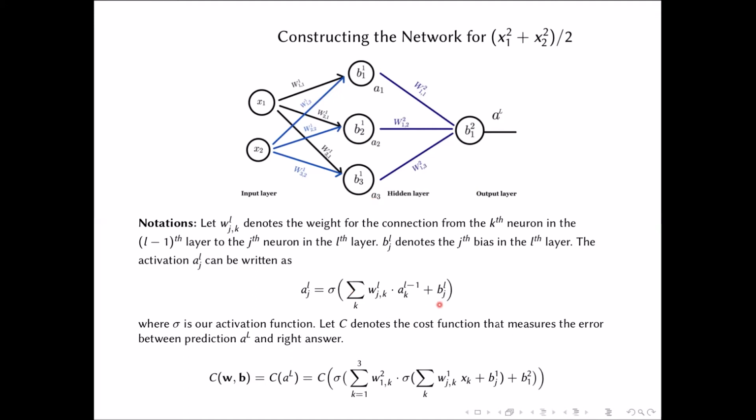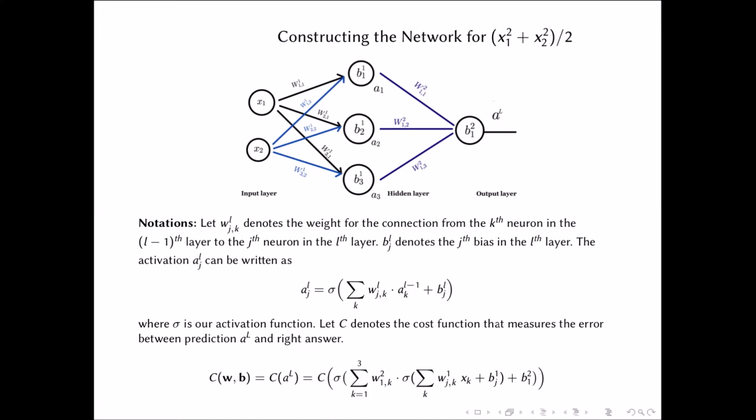We can consider this network as approximating a simple 2-variable function, which is (x1 squared plus x2 squared) over 2. So let's see, this C here denotes the cost function that measures the error between this prediction here, a^L, and the correct answer. So for this machine to approximate the 2-variable function, we need it to find good weights and biases.